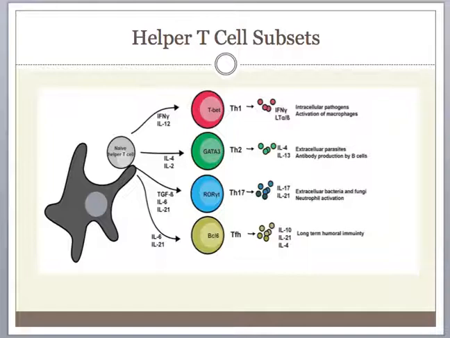The cytokines stimulate B cells to produce antibodies, or they stimulate macrophages to clean up the dead viral particles. They also stimulate suppressor T cells to slow down the immune system once everything's been neutralized and taken care of. So helper T cells are important because they're kind of the conductor of the immune system.